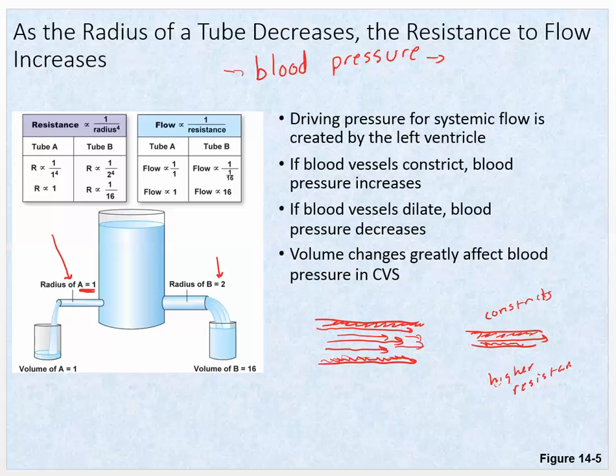But what this graph is telling us is that it doesn't just increase by, okay, we doubled the radius or we decreased the radius. So if we increase the radius over in this example, it started out as 1, this is where we began, and then we doubled it, which means that we should be decreasing resistance, right? Because we've made it larger.